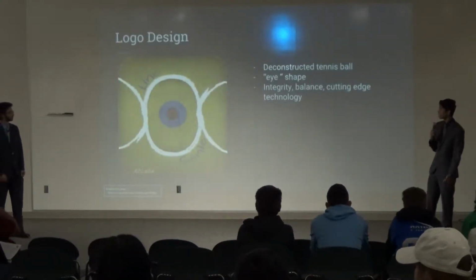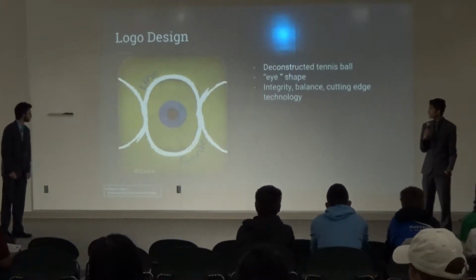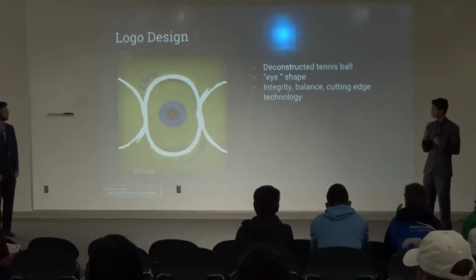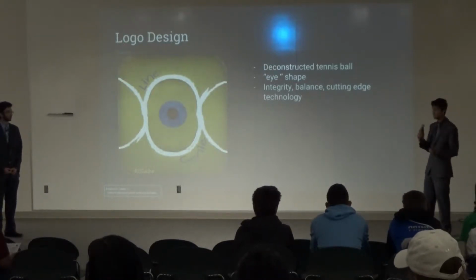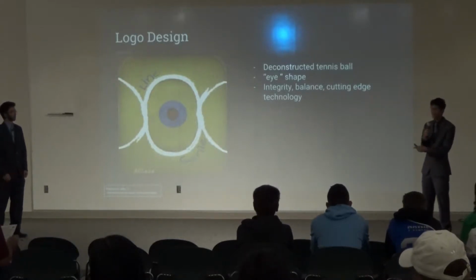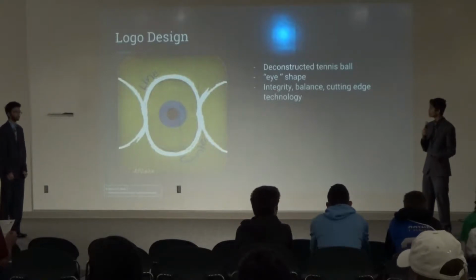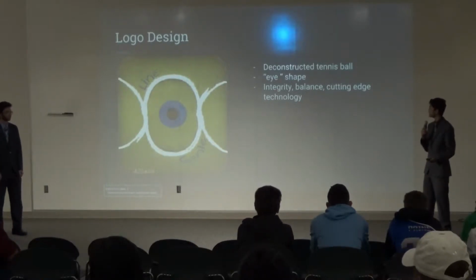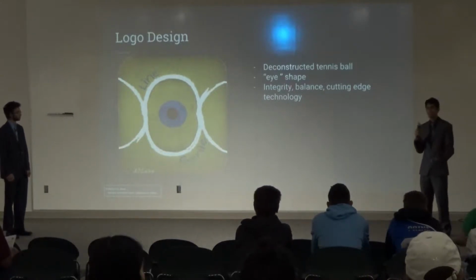Now let's move on to the logo design. That's our logo right there. As you can see, it's a deconstructed tennis ball based on a flat, squarish shape with curved edges. We wanted the shape to represent an app design on an iPhone or an Android. You see the white lines to represent the curves on a tennis ball. We chose the color green because it represents balance and harmony, so we have the integrity part of it.